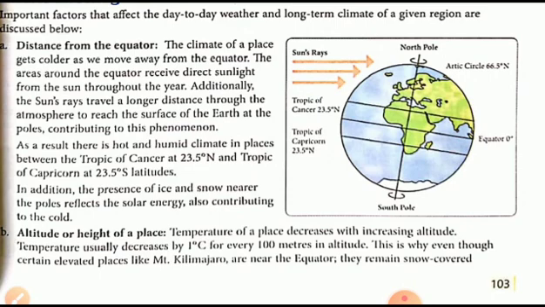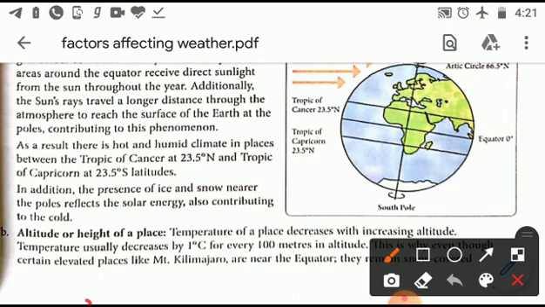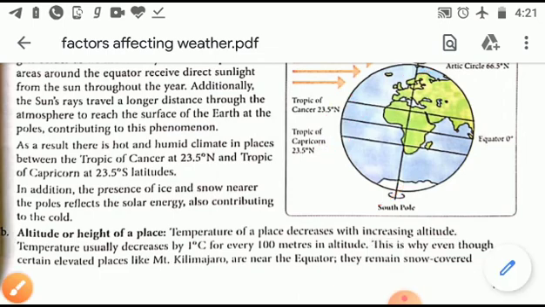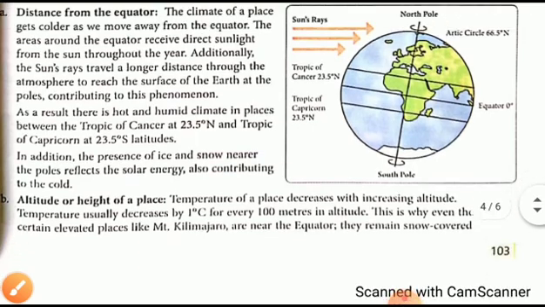So the sun gives maximum heat at the equator and minimum at the North and South Poles, and the areas which are nearer have a hot and humid climate. As a result, there is a hot and humid climate in the places between the Tropic of Cancer at 23.5 degrees north and the Tropic of Capricorn at 23.5 degrees south latitudes.